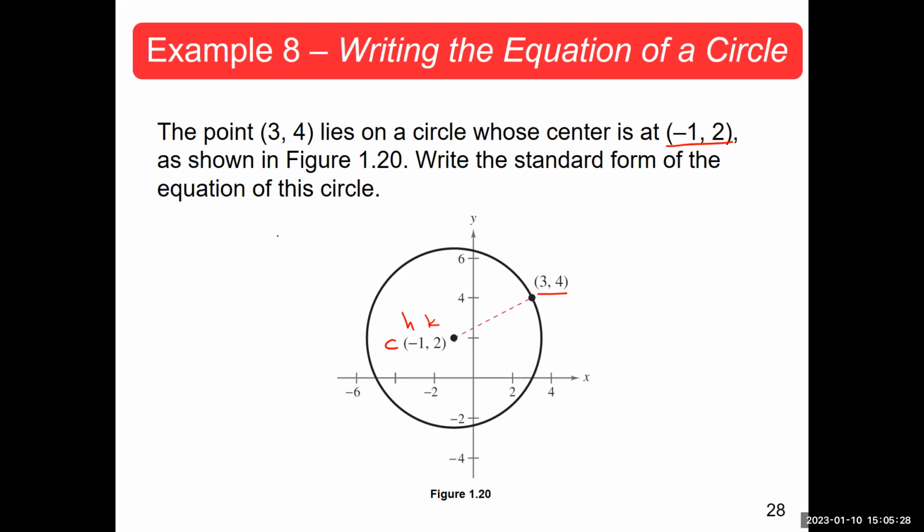Well, we need to find first R, H, K. Well, we already found the H and K. So H is equal -1, K is equal 2. How about the R? The R is the distance between those 2 points.